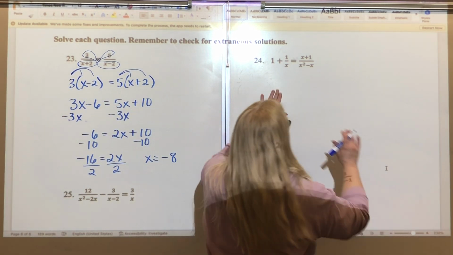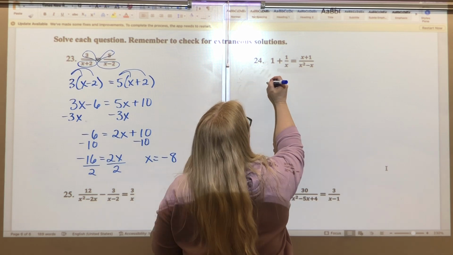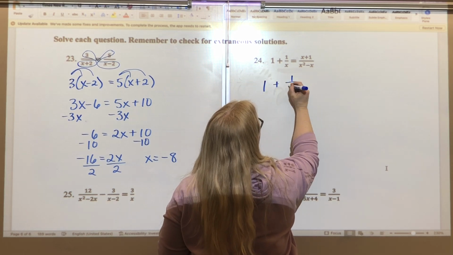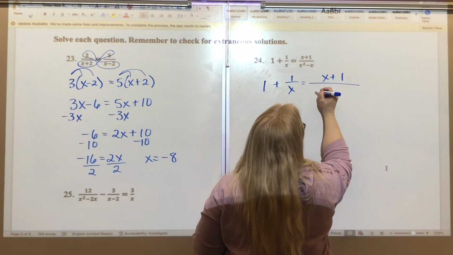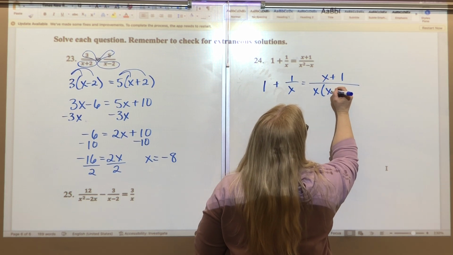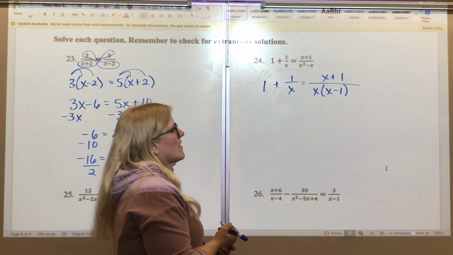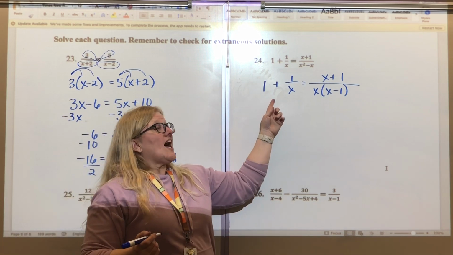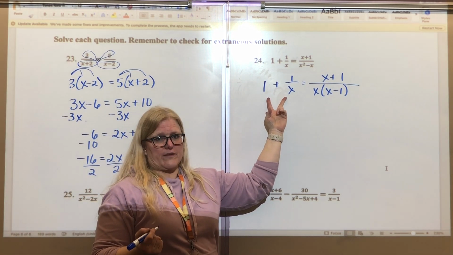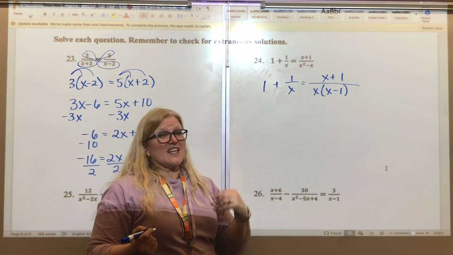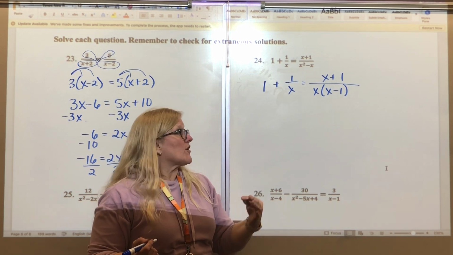Okay, I see in this one that I can factor. This one I cannot cross multiply because I've got more than one term over here. But I do want to get a common denominator.